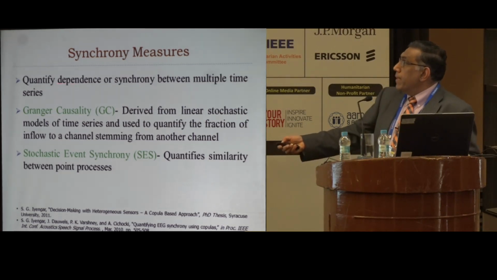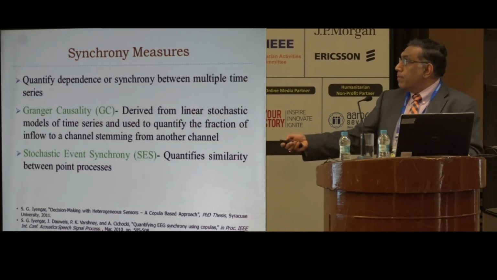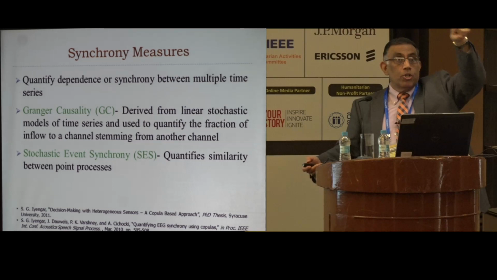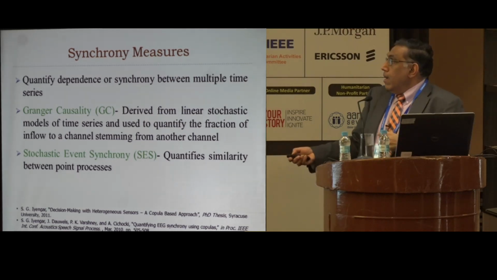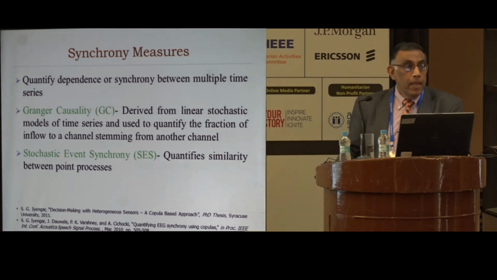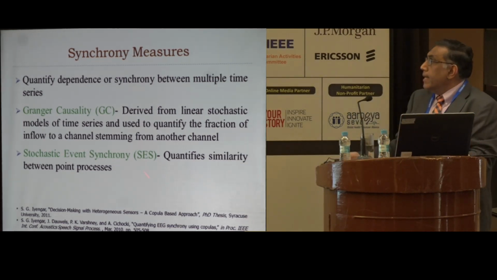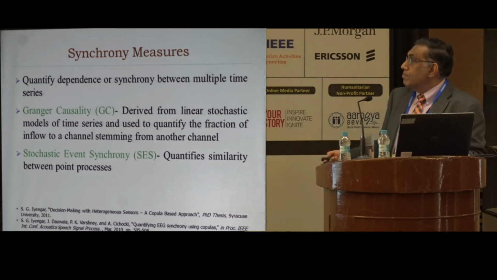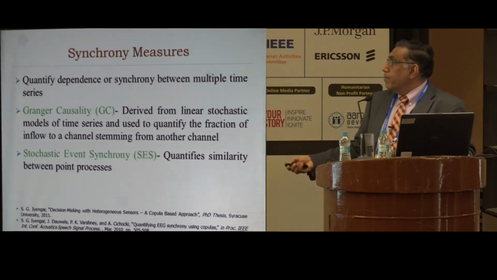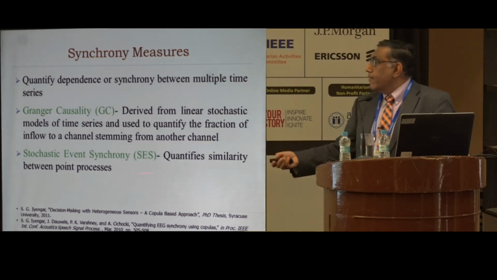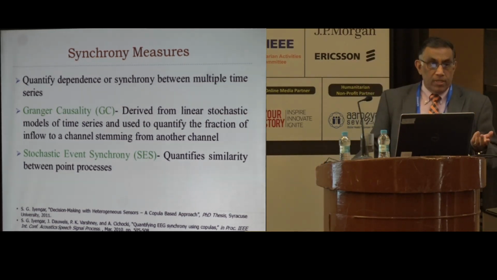The measures: basically you want to quantify dependence or synchrony between multiple time series. I showed you those things in the beginning. One way to do that is Granger causality, and in this you assume independence. Another methodology is stochastic event synchrony, which quantifies similarities between point processes.